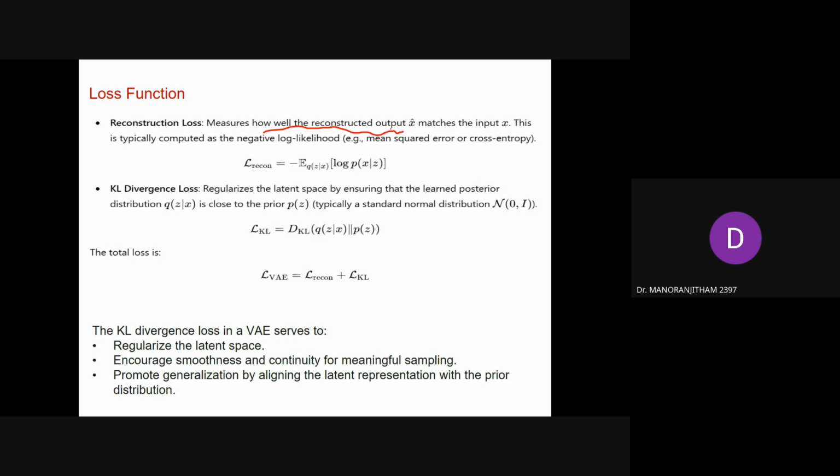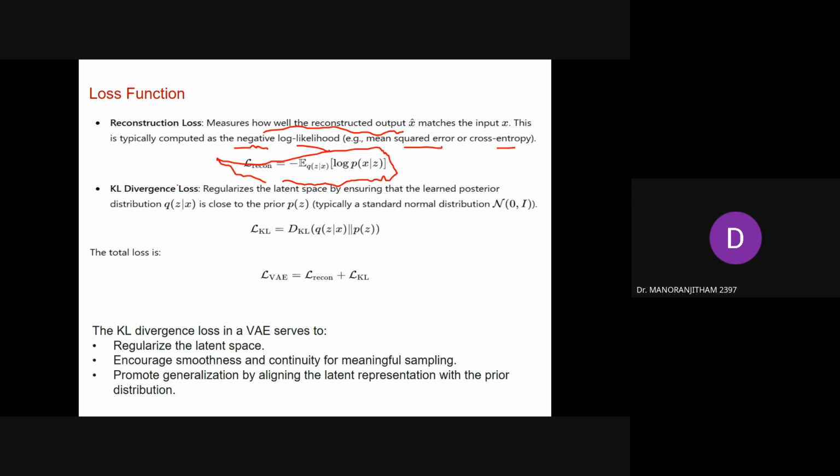So it finds the loss between the reconstructed output and the input. Typically you can use negative log likelihood, mean square error, or cross entropy to find the loss. Many of you have used this in machine learning also, right?